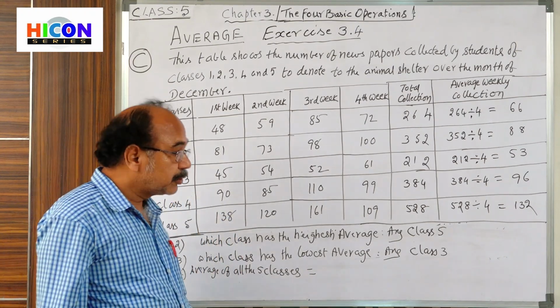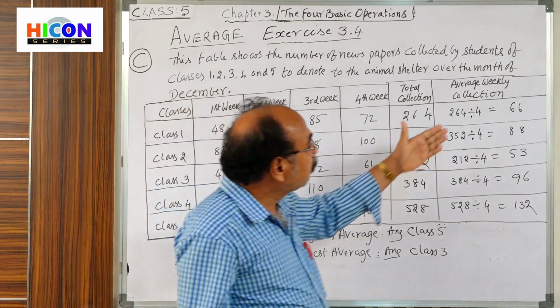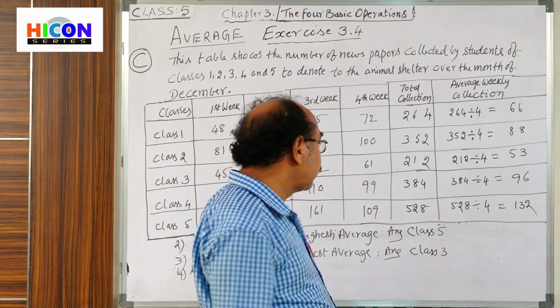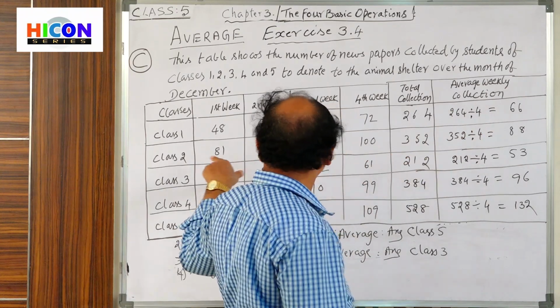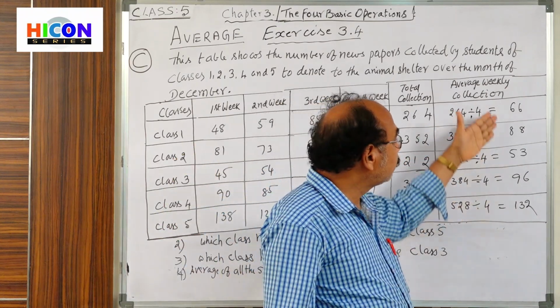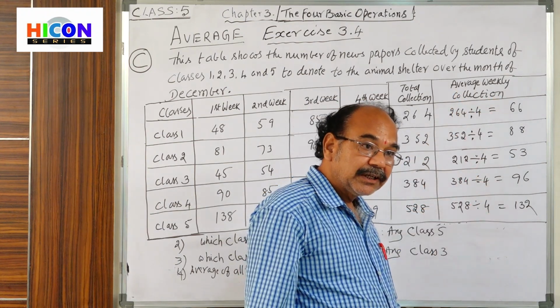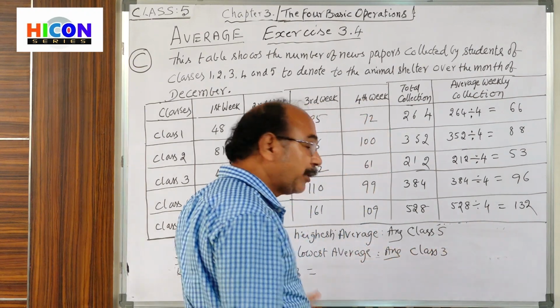Average is equal to, what do we say? Sum of the quantities by number of quantities. How many classes? 5 classes. So, sum of the averages of all the 5 classes divided by number of classes, how many? 5 classes, divided by 5.